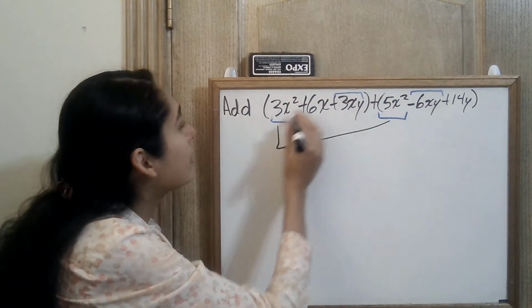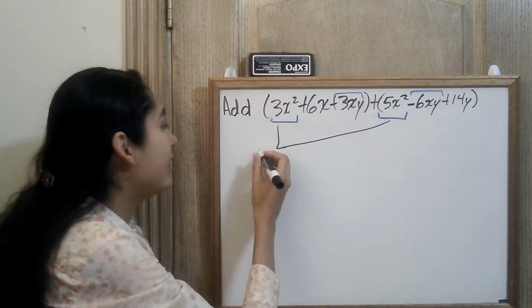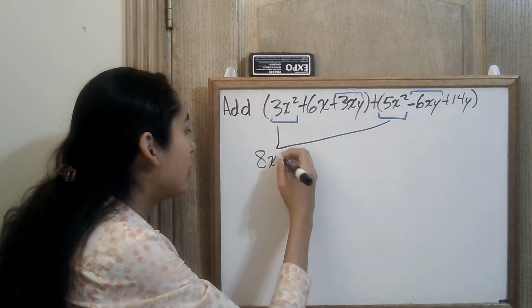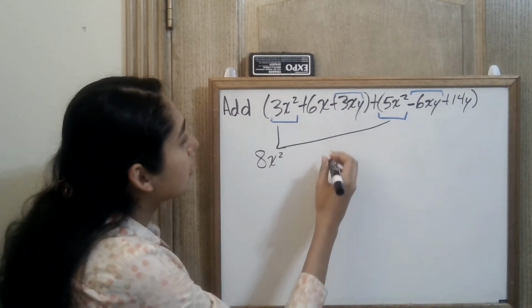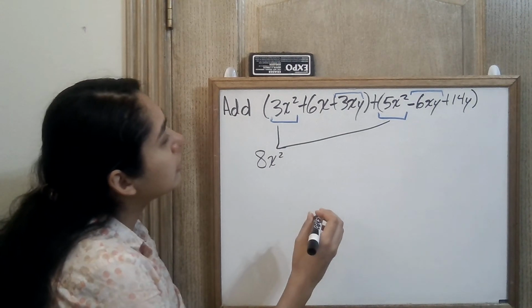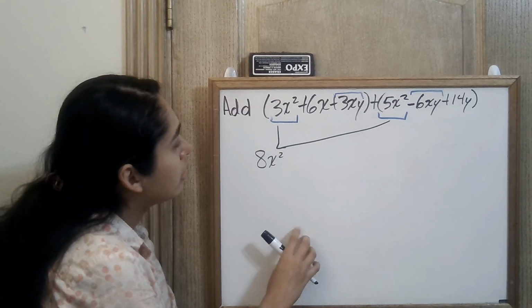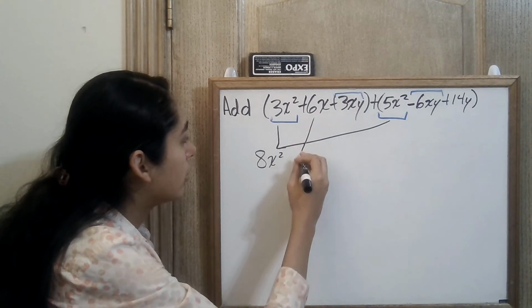So let's combine 3x squared and 5x squared. We get 8 by adding the coefficients, and then we just bring down the variable and the appropriate exponent. Next, you know what? Let's just drop this guy down.